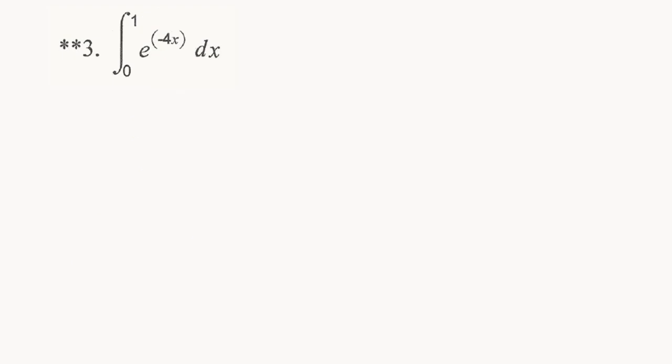Okay, our next problem, the integral from 0 to 1 of e to the power of negative 4x dx. Well, the integral of e to the x power is simply e to the x. But we have this negative 4x here that complicates the issue. So what we're going to do is make a u substitution.